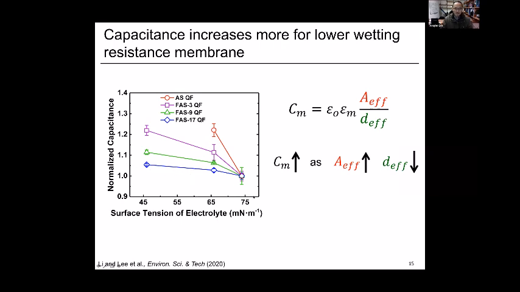We added the surfactant to the electrolyte solution to gradually reduce the surface tension of those electrolyte solutions. As you can see here, the membranes that have lower wetting resistance have a more rapid increase of the capacitance. Then if you look at this formula again, the capacitance increases when the interfacial area increases, or the effective thickness of the gap decreases, or both.